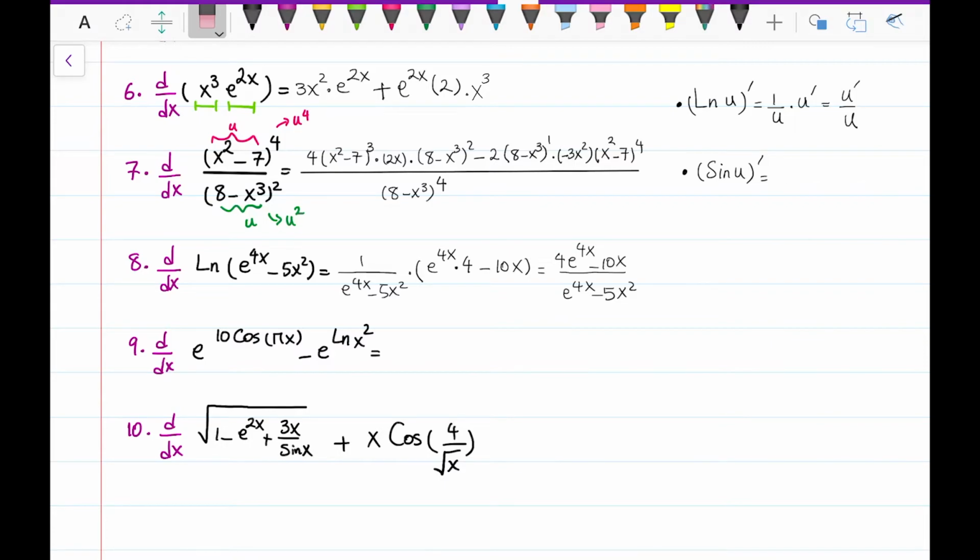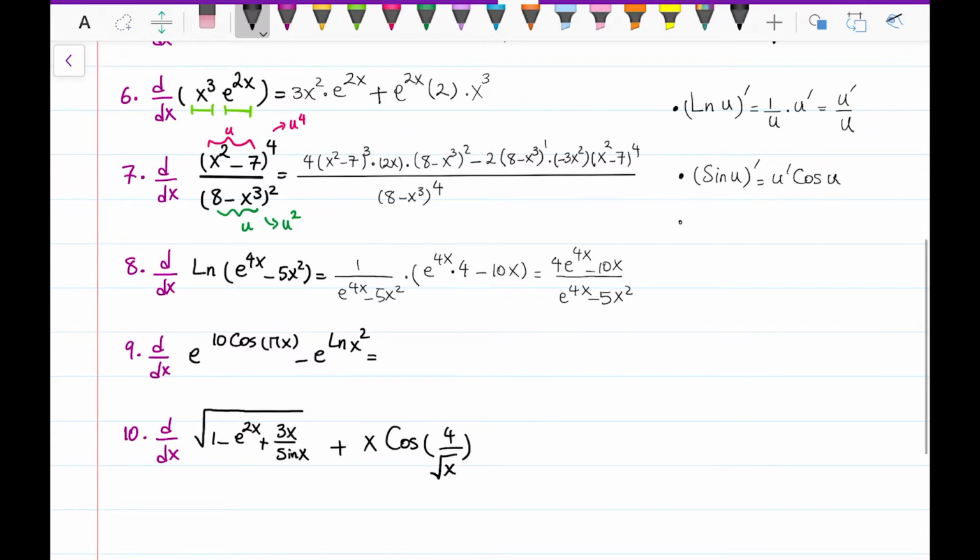I can rewrite this as derivative of inside times cosine of u. If we have cosine u, derivative of that would be derivative of inside times negative sine of the function. As you see, when cosine gets to sine at its derivative, the inside function does not change, but you multiply the whole thing by a derivative of the inside function.